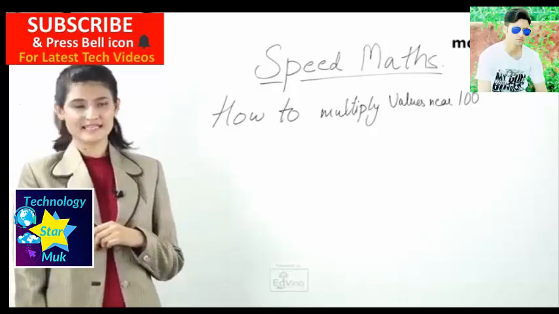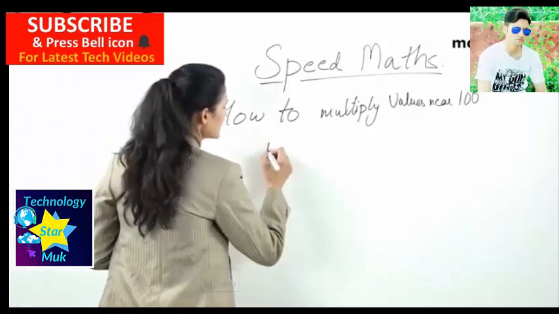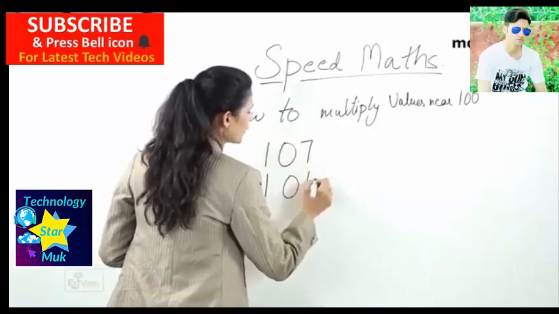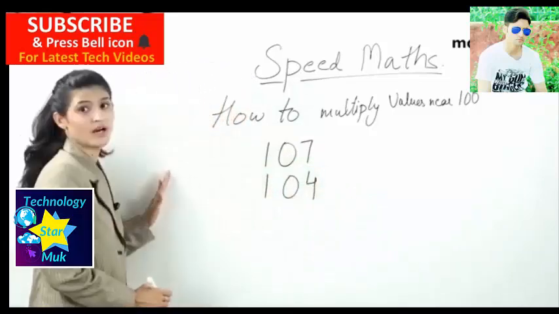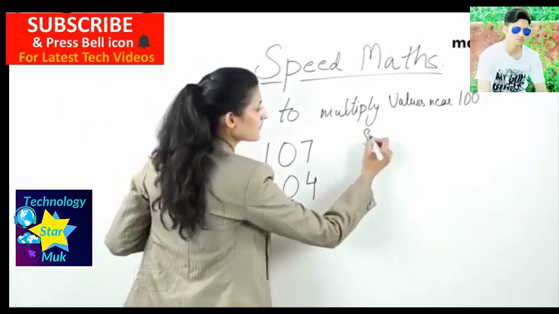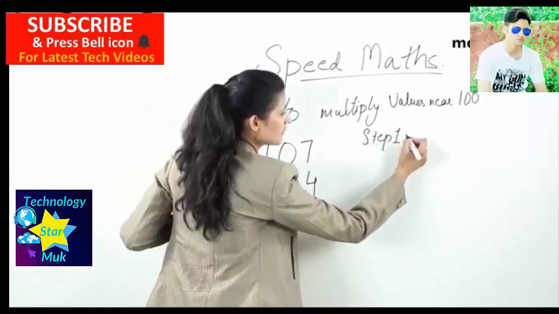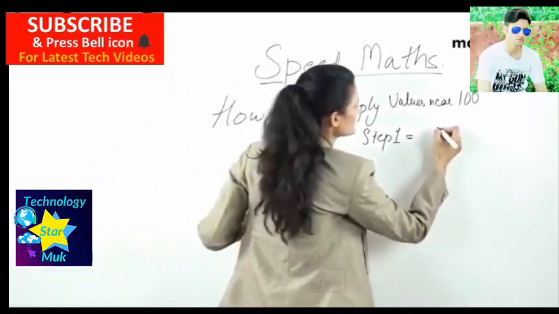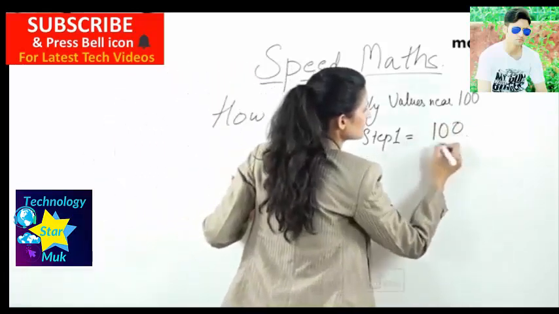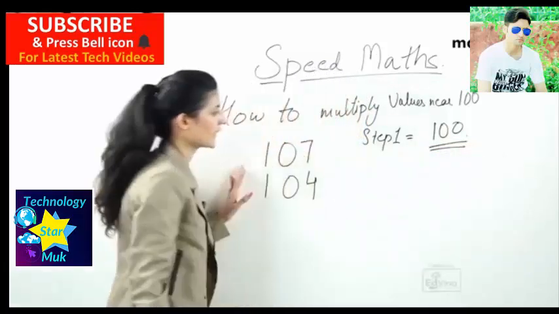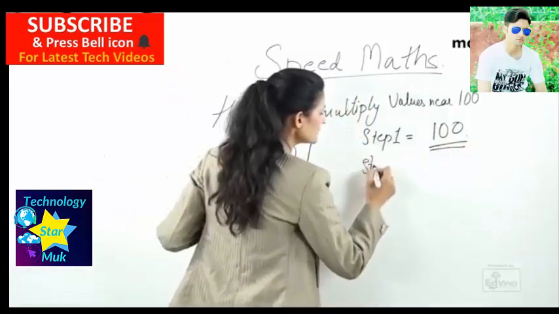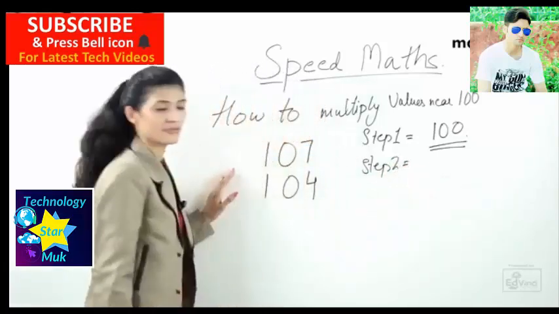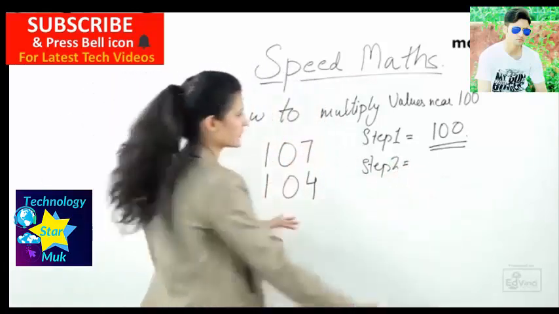So let's take an example. The example is 107 into 104. Step number 1, we always take our base as 100. Step number 2, we take the differences of these numbers from 100.